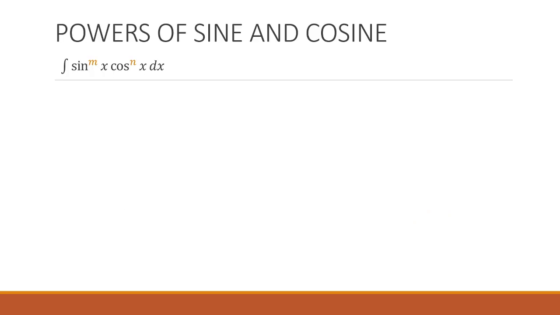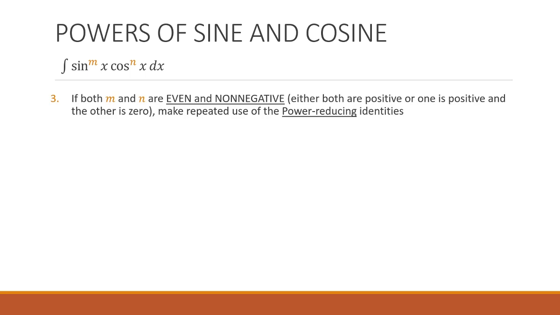And then case 3 for powers of sine and cosine. This time, kasi okay na, we already covered the cases for which positive odd ang sine or positive odd ang cosine. This time, what if they are both positive even naman? Positive even numbers. Both of them are positive even numbers.